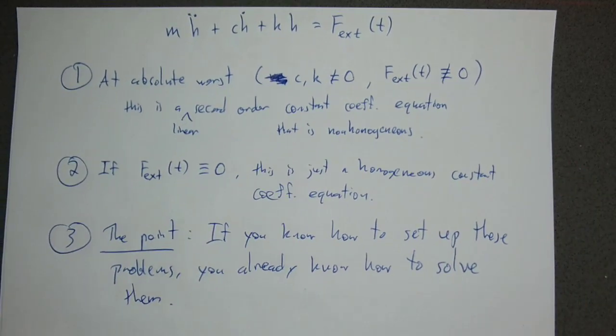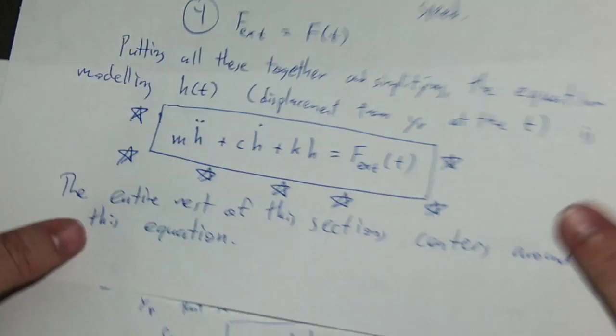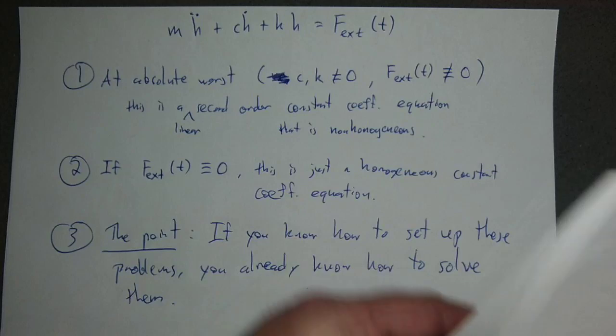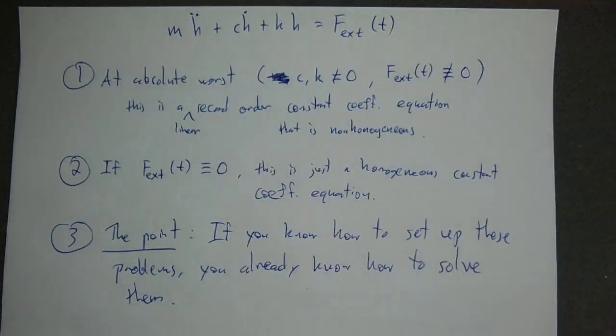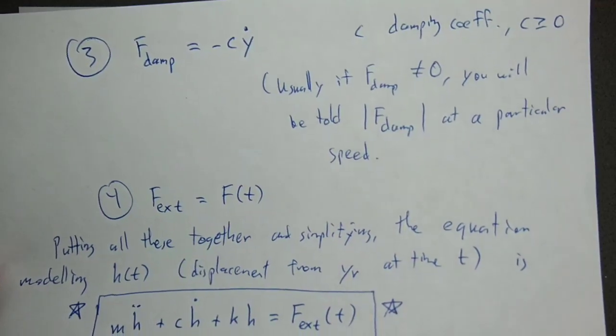There's not going to be any crazy physics knowledge that's required to set any of this up. If that was required, I wouldn't be able to do it. All you need to know for the most part is this relationship here and this damping relationship on the damping force.